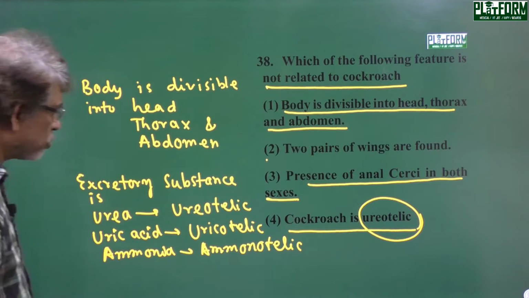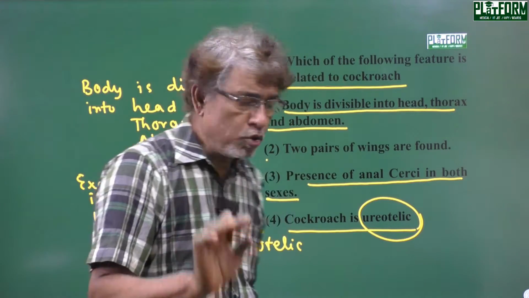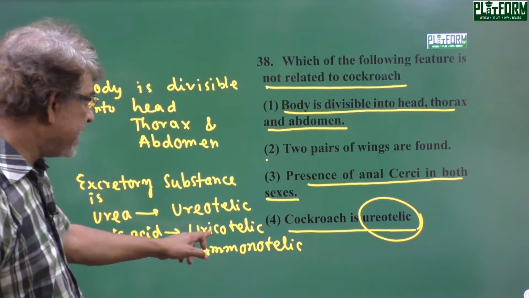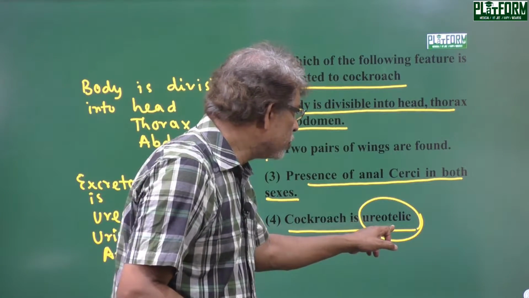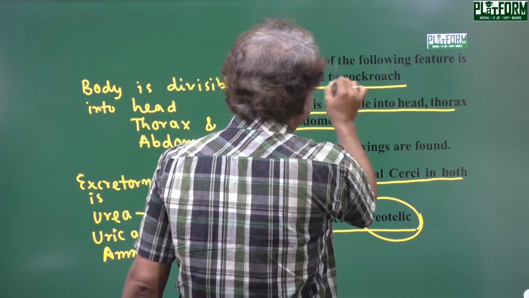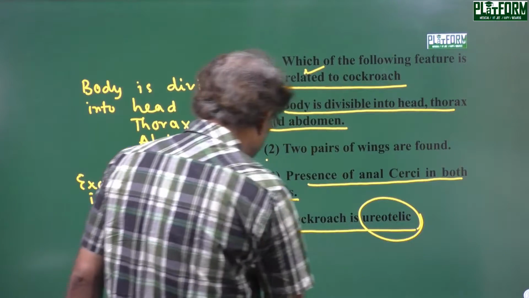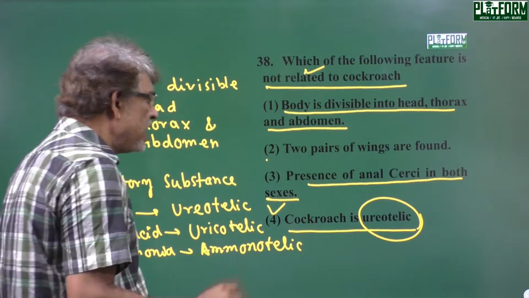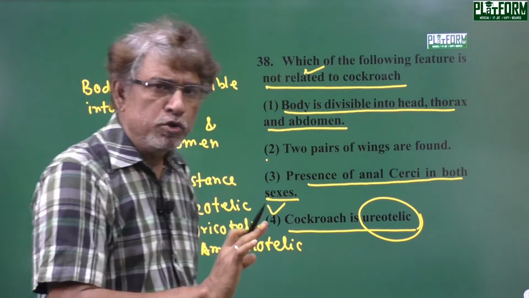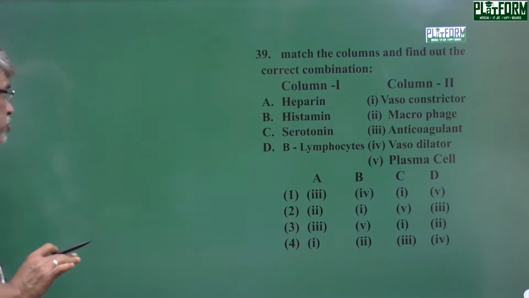In case of cockroach, the excretory substance is uric acid. So they are uricotelic, not ureotelic. Here question says which of the following feature is not related to cockroach. So your correct option is 4. Cockroach is not ureotelic, it is uricotelic. Next question.